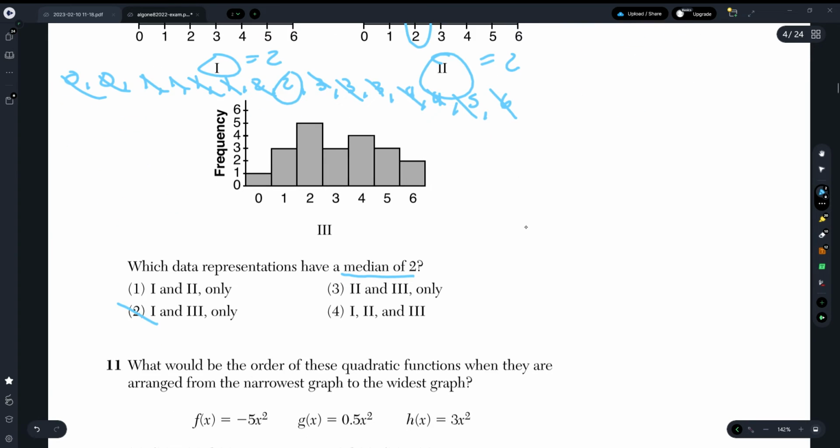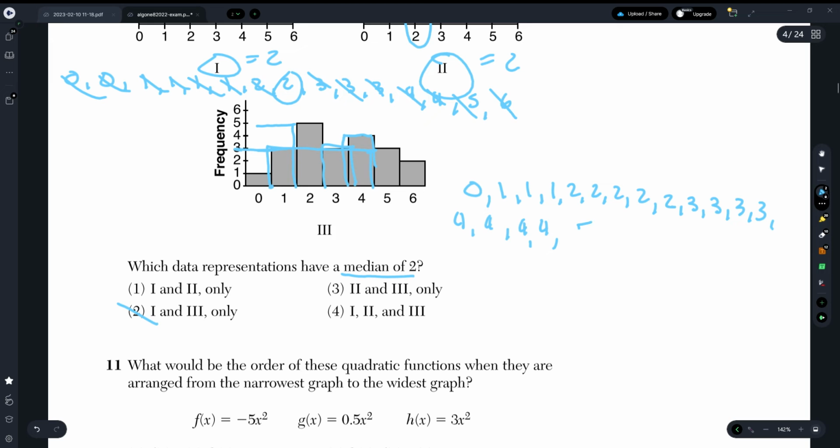It's a bit tedious. So the frequency of 0, 0, right? And then we go up here. This is equal to 3, so we're going to have 3 ones, 1, 1, 1. Right here, we're going to have 5 2s, so 2, 2, 2, 2, 2. Right here is 3, so we're going to have 3 3s. Right here, we're going to have 4 4s, so 4, 4, 4, 4.